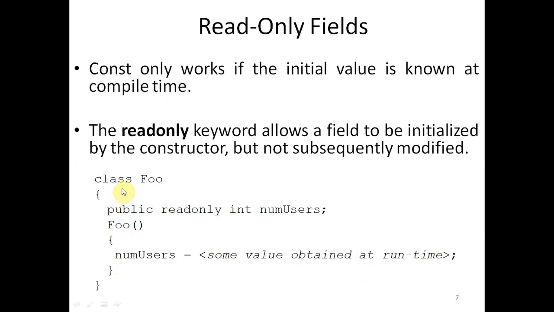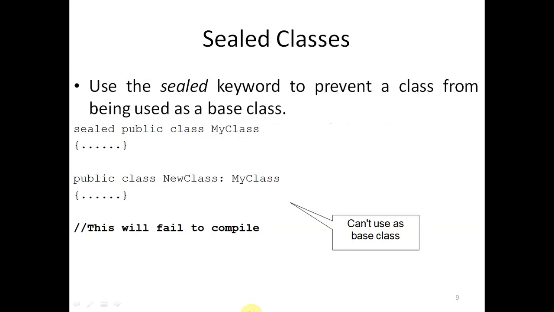The readonly keyword allows a field to be initialized by the constructor, while const only works if the initial value is known at compile time. So this is the difference between readonly and const variables.